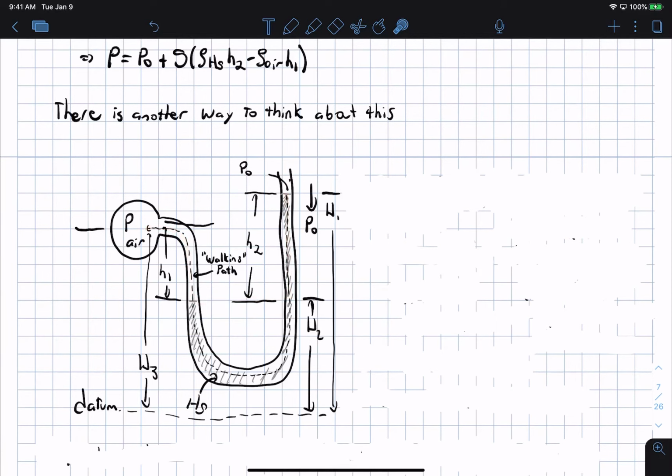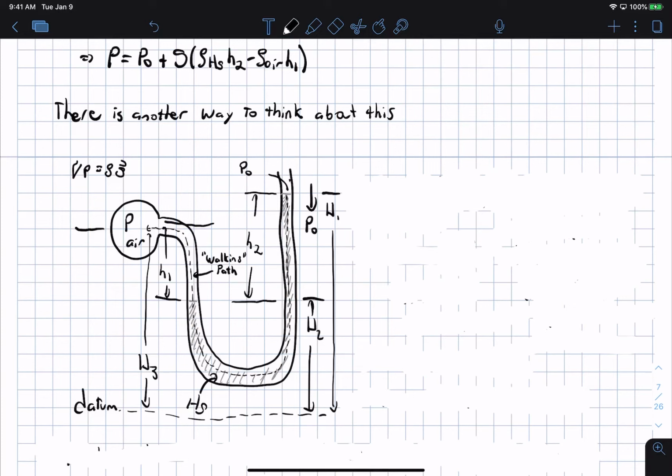But to me, a more natural way to think about this is actually to think about how you would do this with a line integral. Because in the fluid inside of this tube, the line integral is valid, because in this tube, grad P equals rho g, and that works everywhere.